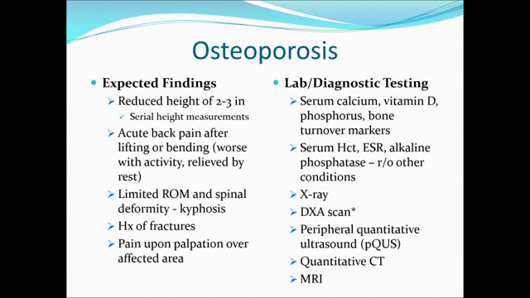Okay, and we'll look at that in depth here in just a minute. We also have the peripheral quantitative ultrasound and the quantitative CT. Those are kind of used farther down the line, again assessing risk factor, but looking to see if there's other things going on, like there actually are some fractures there. And then, of course, MRI.